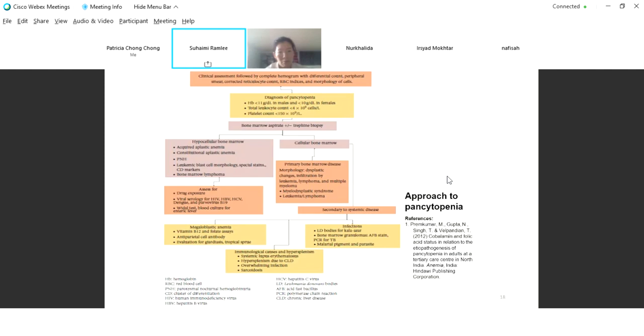Primary bone marrow disease is usually caused by myelodysplastic syndrome, leukemia, lymphoma, whereas secondary systemic disease can be caused by megaloblastic anemia, hypersplenism, and infection. After we get the definite diagnosis, we need to treat according to the specific disease.